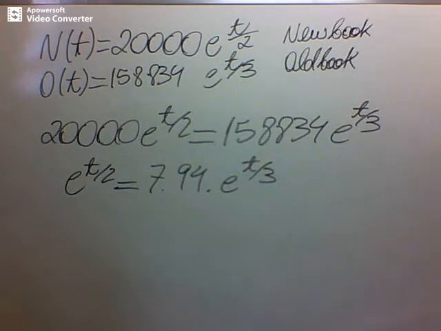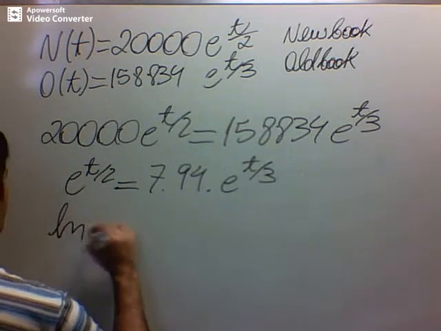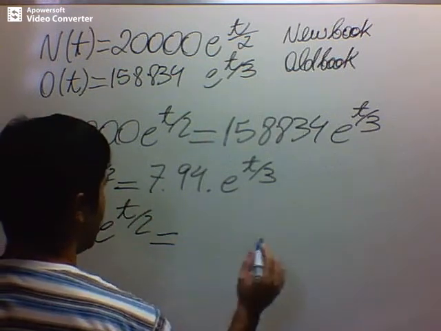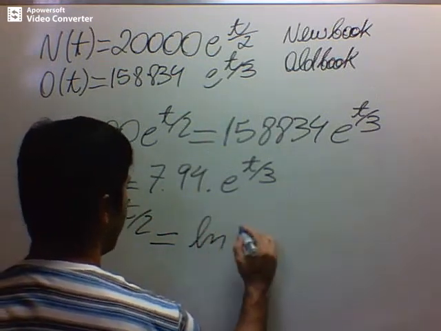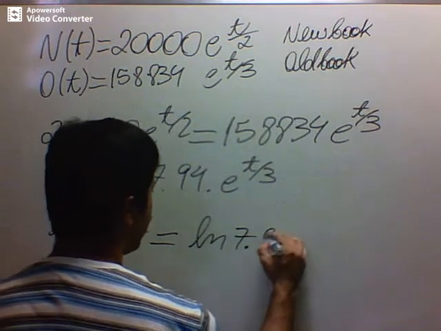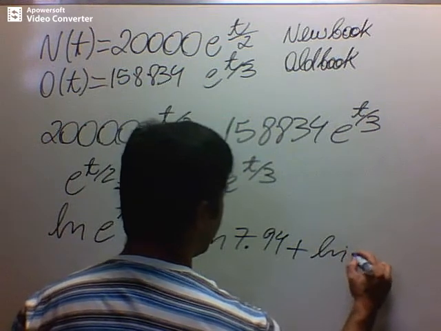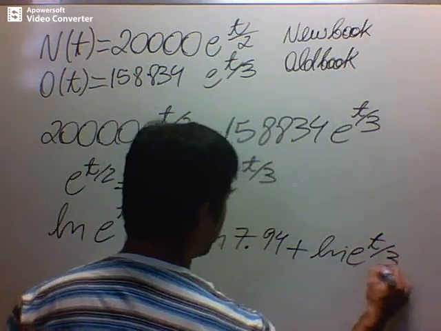Then I'm going to apply the natural logarithm. The natural logarithm of e to the t divided by 2 is equal to the natural logarithm of 7.94 plus the natural logarithm of e to the t divided by 3.